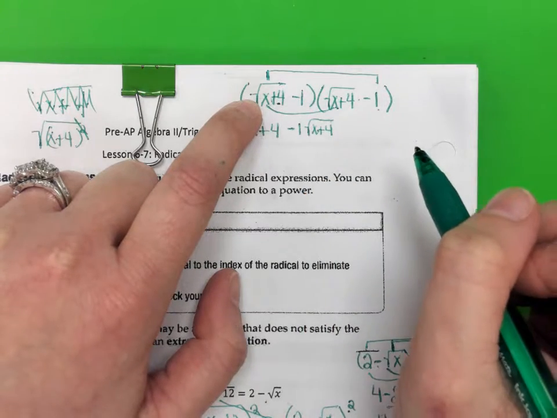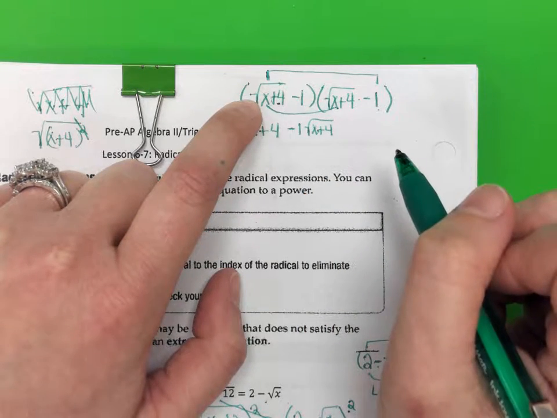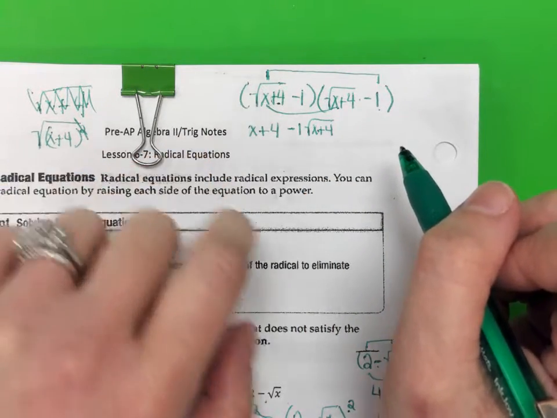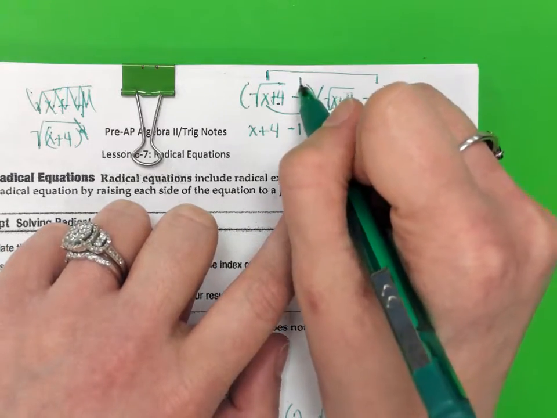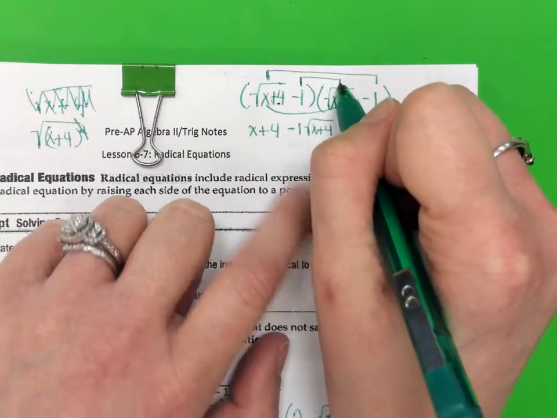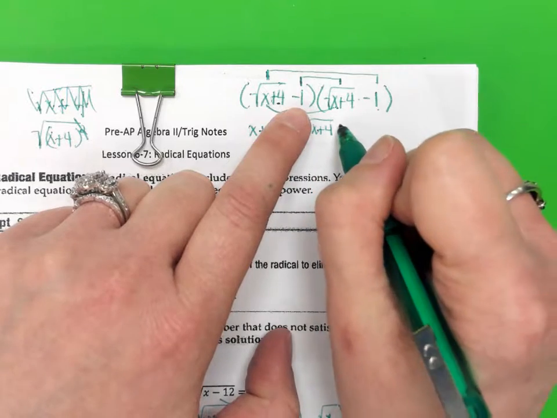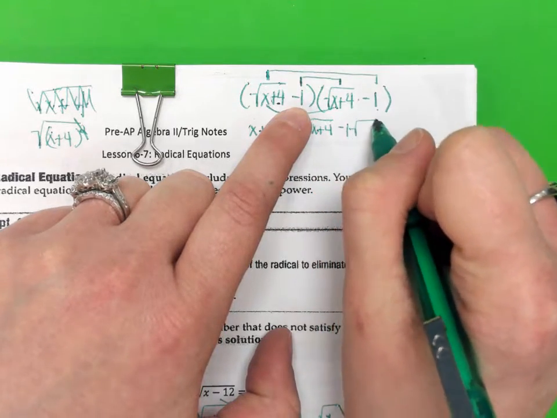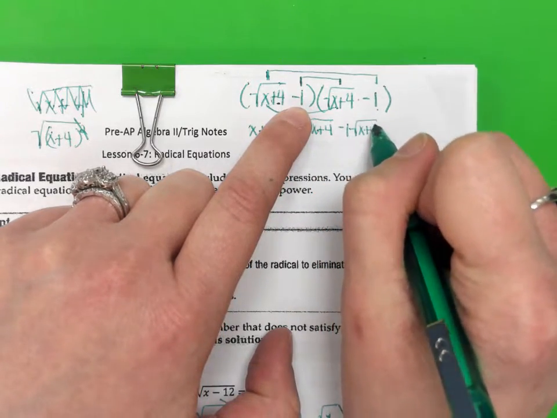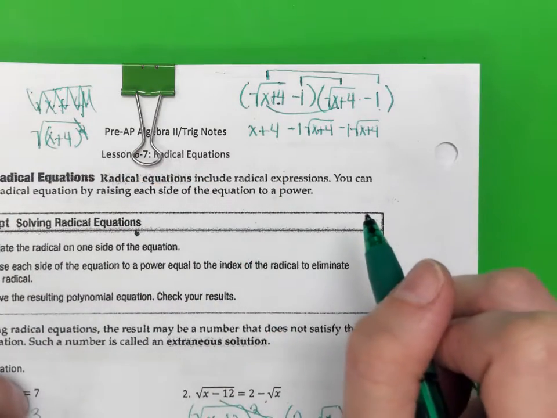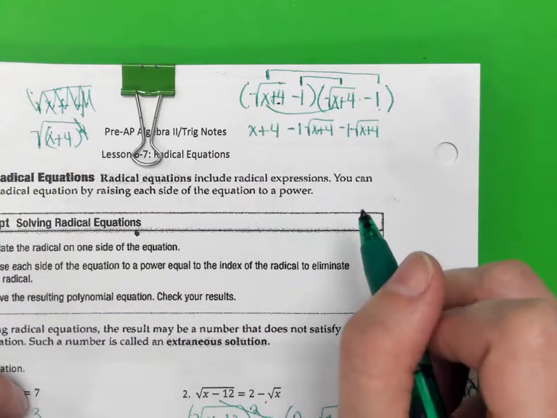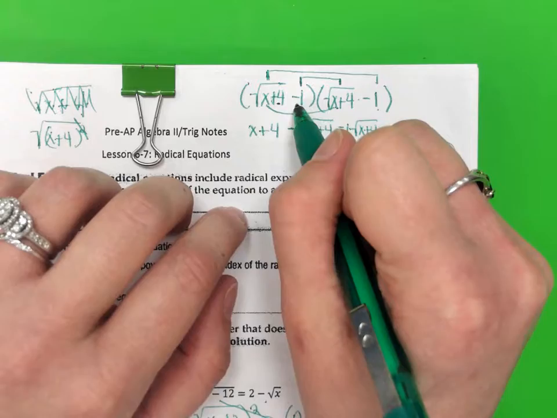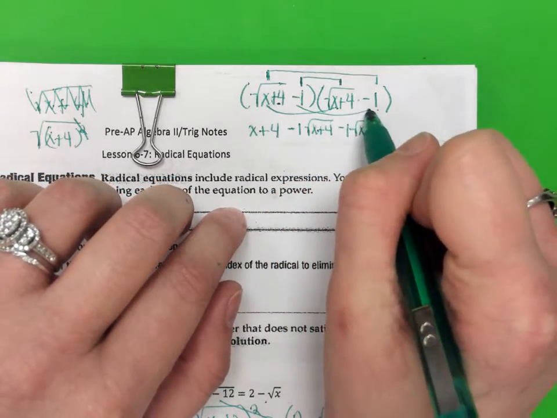That's all that is. My inner is the same thing. Negative 1 times square root of x plus 4. So it's minus 1. And then my last is plus 1. Very good.